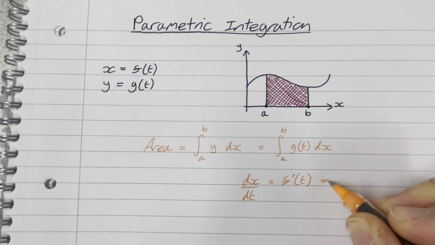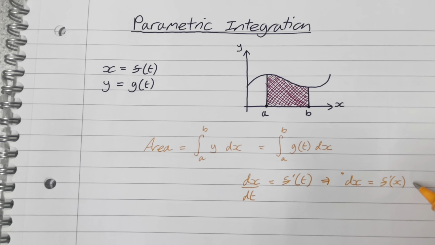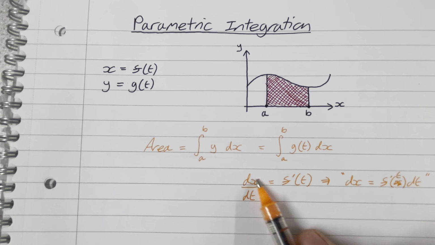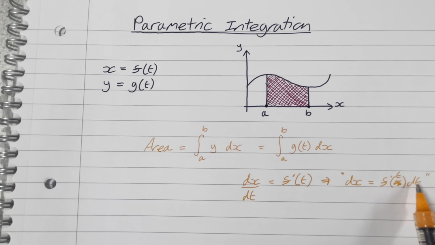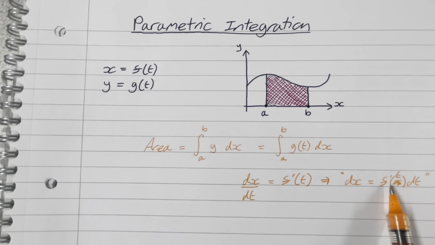And this tells us then that dx is equal to f primed of t dt. And I've put little quotes around it because this is not a fraction, and I've just treated it exactly like a fraction. dx by itself doesn't really mean anything. However, mathematically, this does work out, even if this line itself is not mathematically sound. So what I can do is I can replace the dx with f primed t dt.